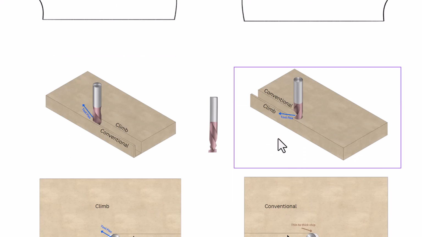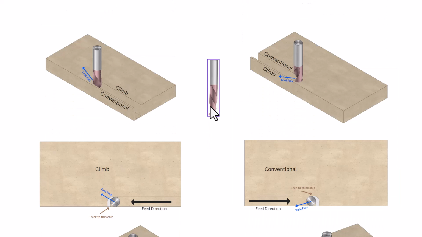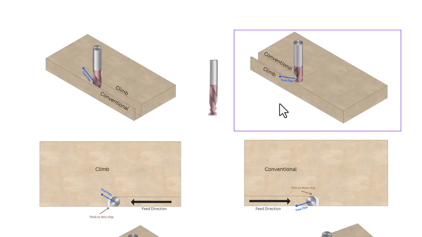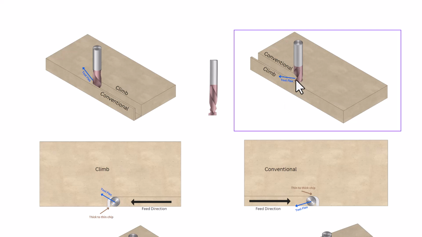Coming down, we've got some examples drawn up in SketchUp, and I think the most important thing when we're talking about tool deflection is to control whether or not that flex is happening, or which way the flex is going, I should say.